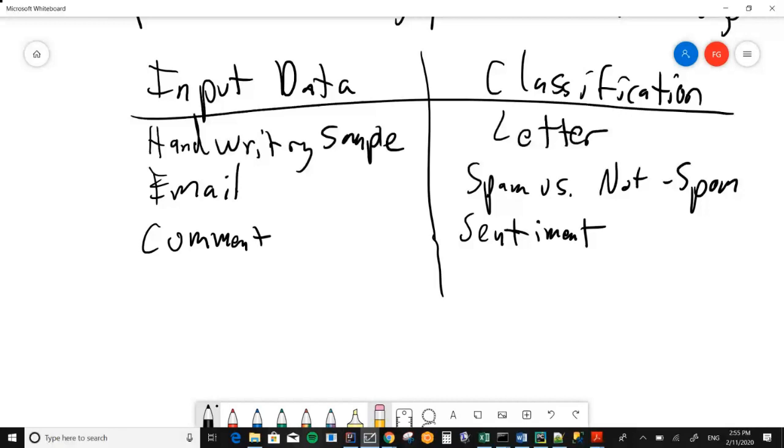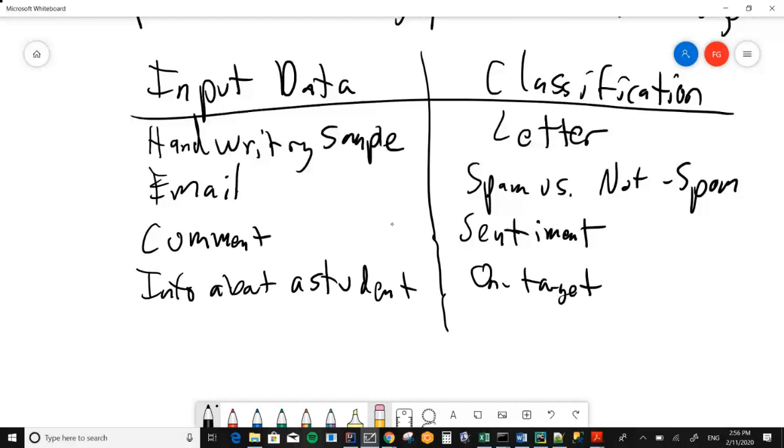Here's another. And this is something that I'm actually actively working on at the moment. The input data is info about a student, and the classification is, are they on target to graduate?